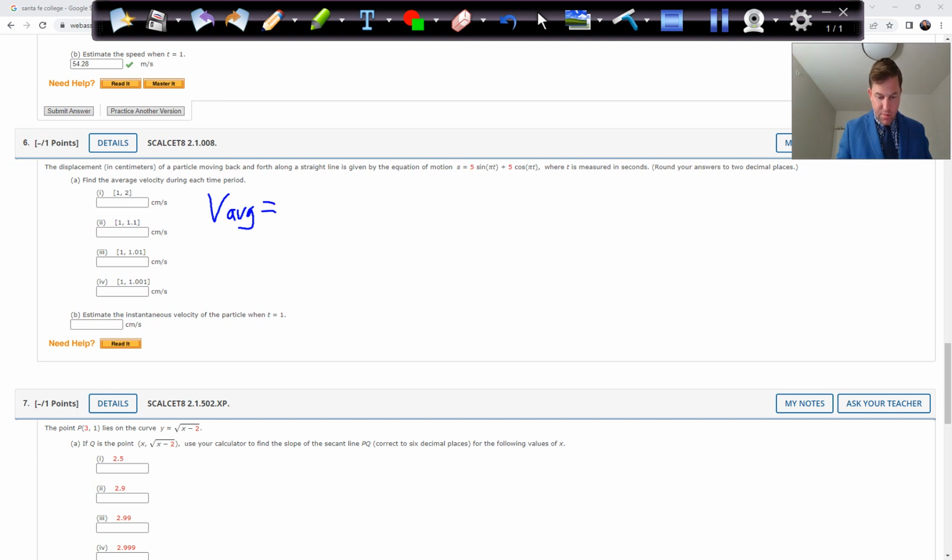it's going to be s, the displacement at time 2, minus the displacement when you plug in time 1, over time 2 minus time 1. Now let's look at this one, because we have a trig function, so it's a little more complex. Time 2 is again 2 seconds in this one, and time 1 is 1 second.